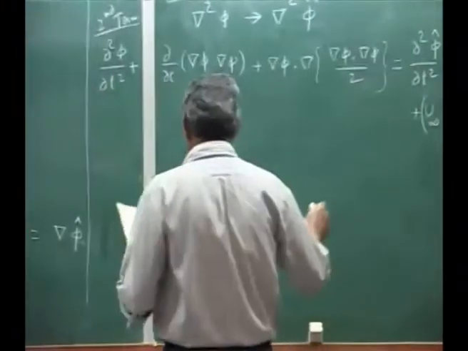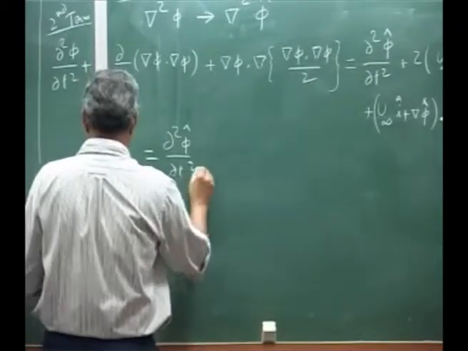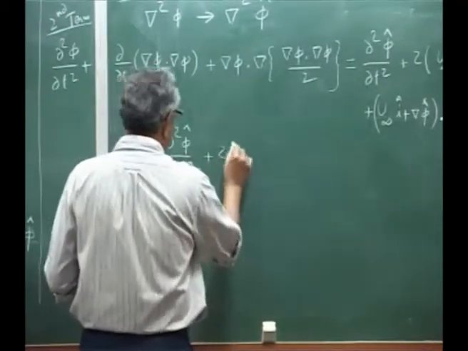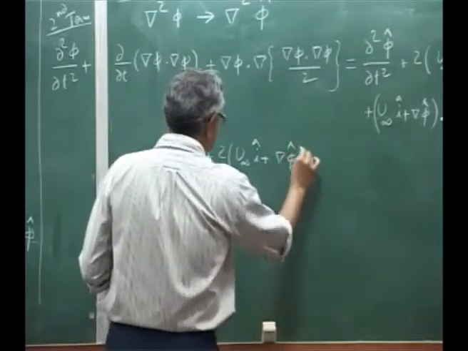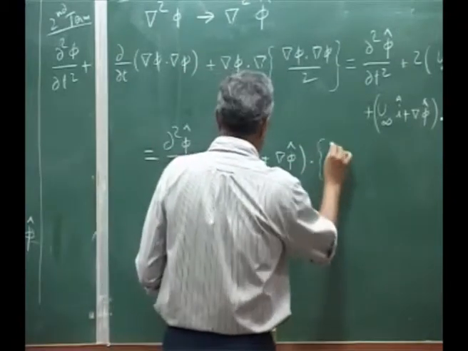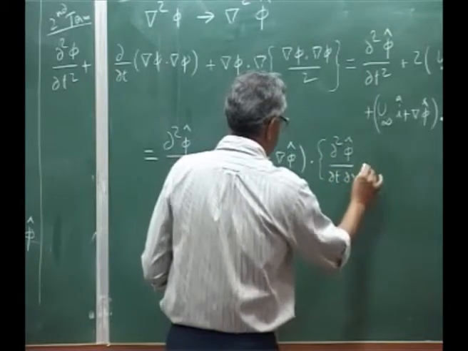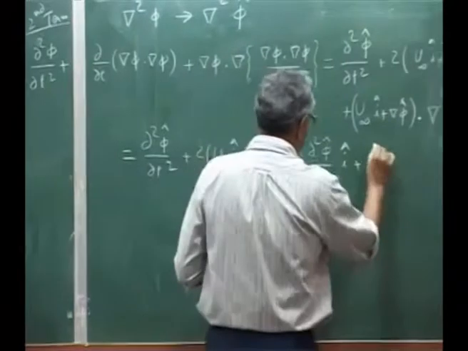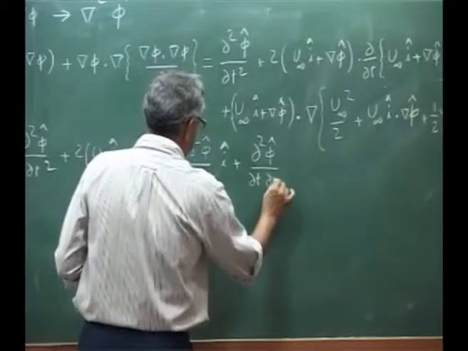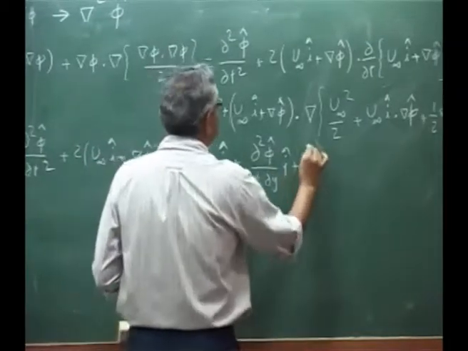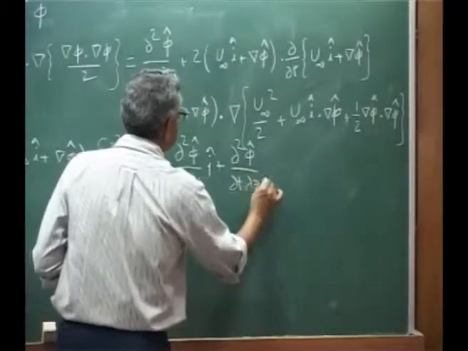So if you want, I will write the whole thing: del square phi hat over delta t square, plus 2 u infinity I plus del phi hat dot of del square phi hat by delta t delta x I plus del square phi hat by delta t delta y j plus del square phi hat by delta t delta z k.